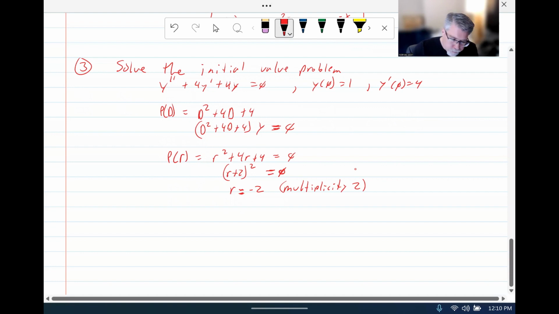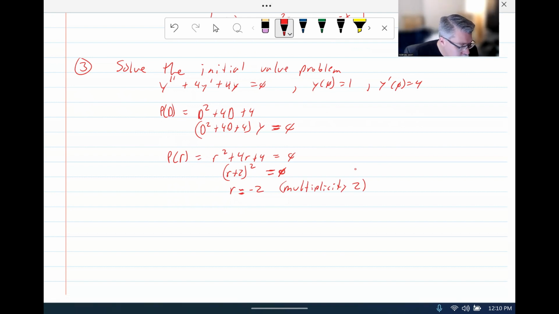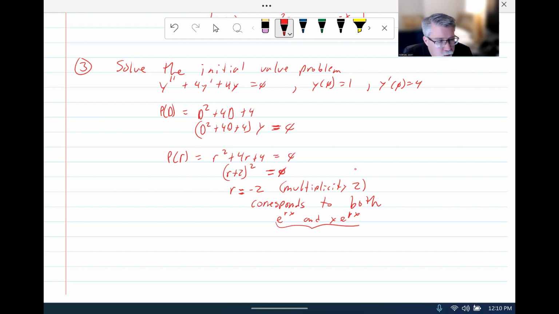Okay, so if we have multiplicity 2, this corresponds to both e to the rx and x e to the rx. Now, why both? Well, it's because the power of x could be 0, so x to the 0 is 1, but it also could be x.